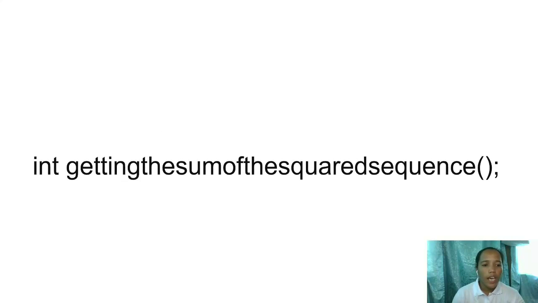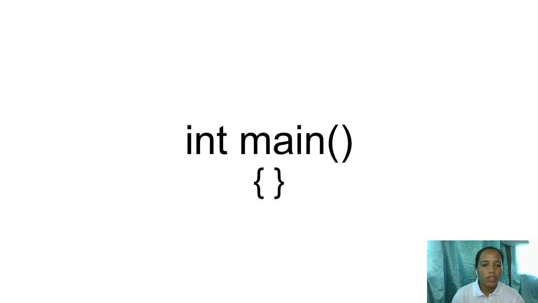The next to type is the getting the sum of the squared sequence, open and close parenthesis, semicolon. And it will be followed by the int main, open and close parenthesis. And also, we have to insert curly braces.